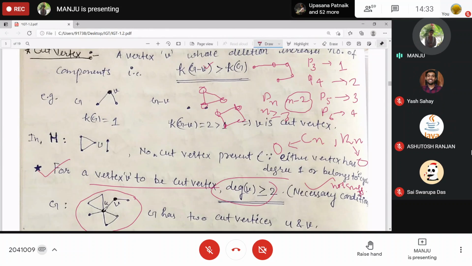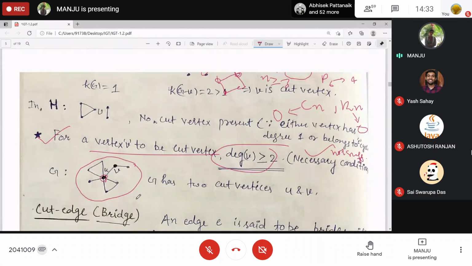If you remove U, how many components are you getting? 4 components, right? This vertex and the other, 3 number of K2. And if you remove this one, you are getting 2 number of components. Okay?